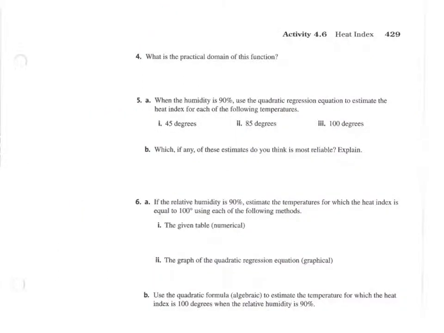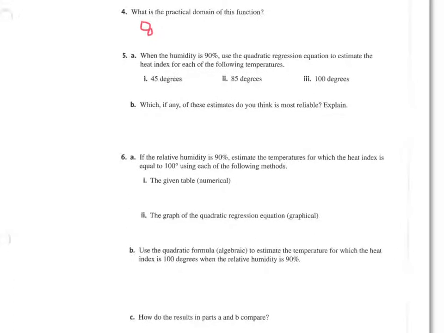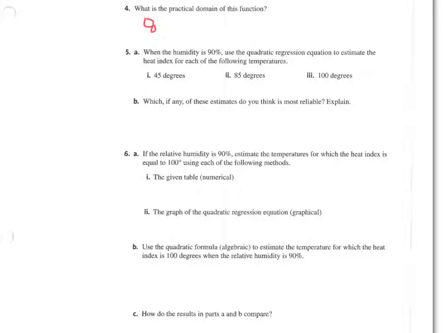What is the practical domain of this function? In the beginning it says that the National Weather Service only does this heat index advisory for high temperatures. So we do need high temperatures. If you look at the set of data values, I would say that the domain is from 80, oops, sorry about that, trying to erase that crazy looking 8.